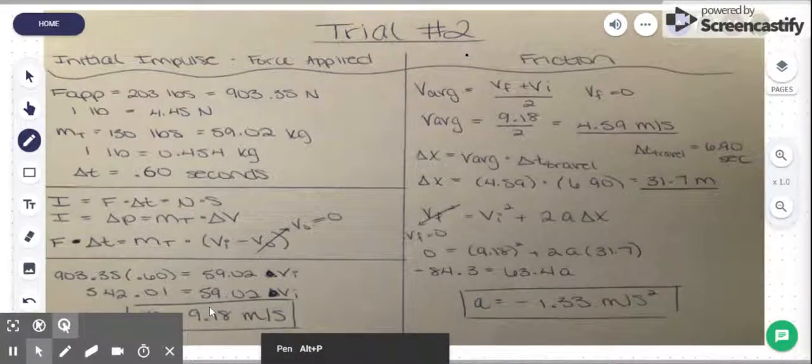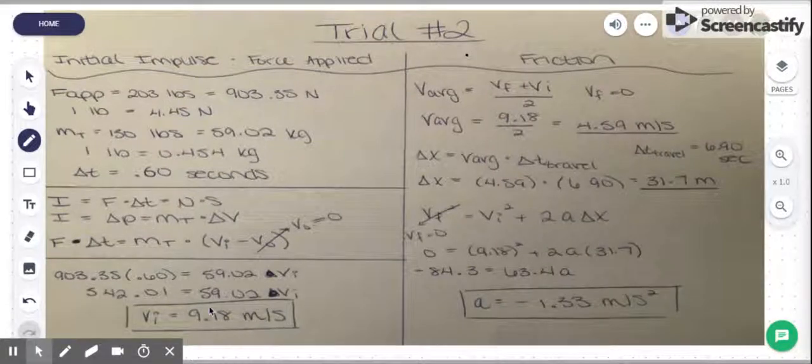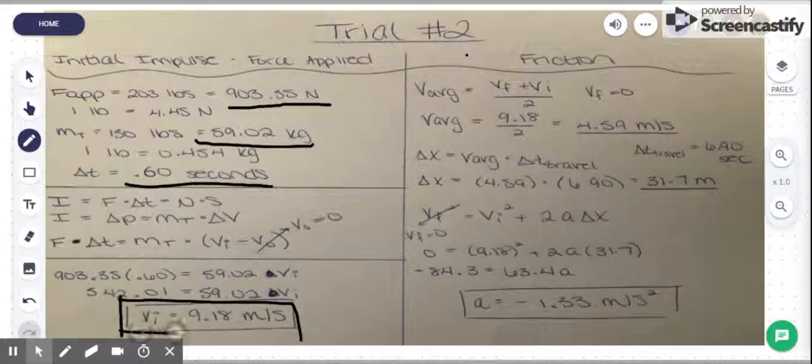Using the same process for finding Pat's calculations, we solved for Heather's calculations with her applied force being 903.35 newtons, her mass total being 59.02 kilograms, and the time for the applied force being 0.60 seconds. Using this data, we found that her impulse velocity is 9.18 meters per second.